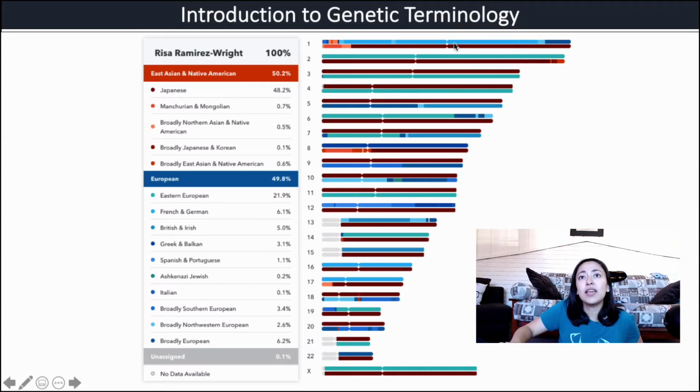So here you can see a blue chromosome and then a red one in that pair, and so forth. So each pair of chromosomes that I have, you can see that I inherited one from my mom and one from my dad.